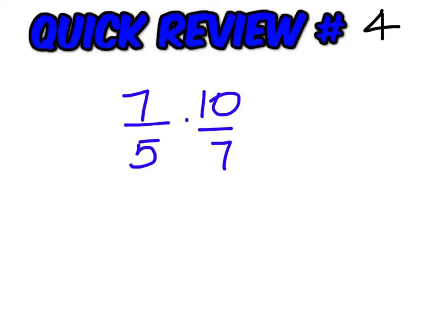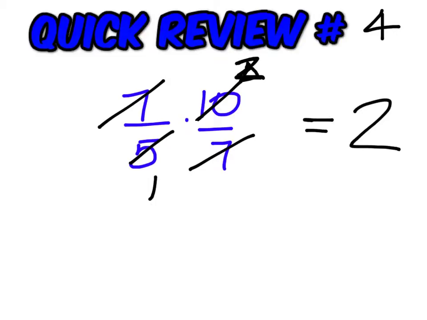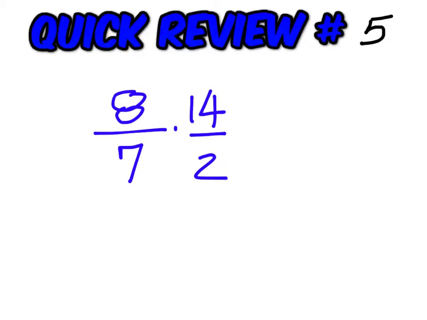7 over 5 times 10 over 7. What cancels out? 7's, what else? 10 by 5 to get a 2, and 5 by 5 to get a 1, so you're just left with a 2. On number 5 here, what cancels out?